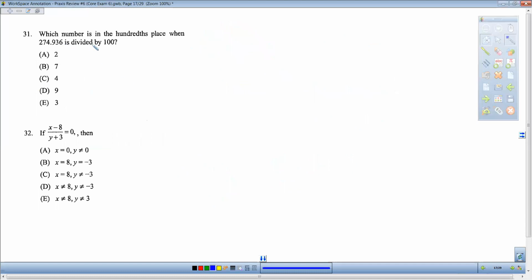Which number is in the hundredths place when you take this number and divide it by 100? So remember, when you take a decimal or any number and you divide it by 100, you're actually making it smaller by 2 decimal places.